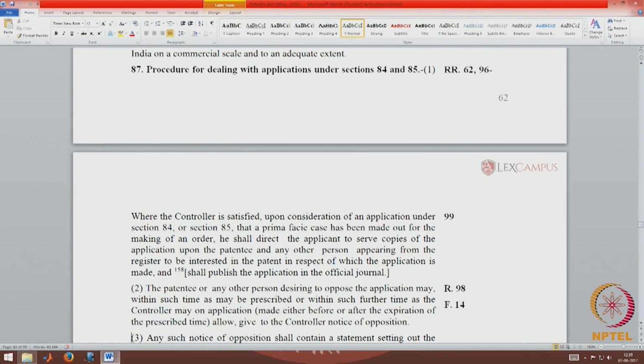So, the patentee will give the controller a notice of opposition, and this is in form 14. This is not the notice of opposition which a person would give for post grant opposition. This is a different notice of opposition. This is a common form for various other proceedings. So, form 14 will be used.